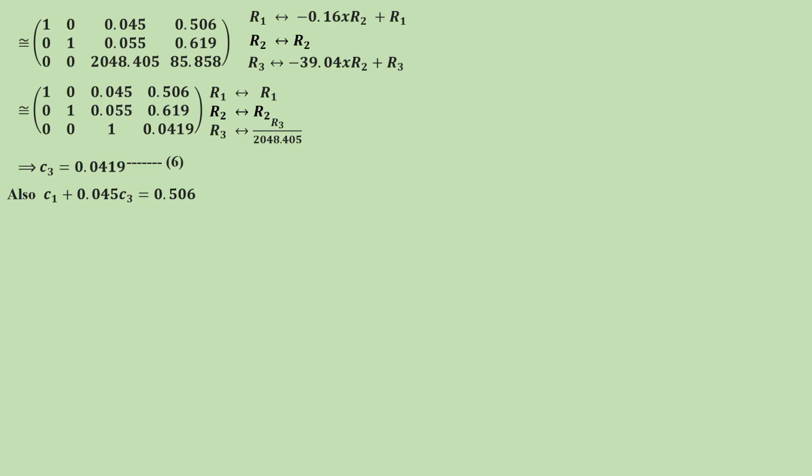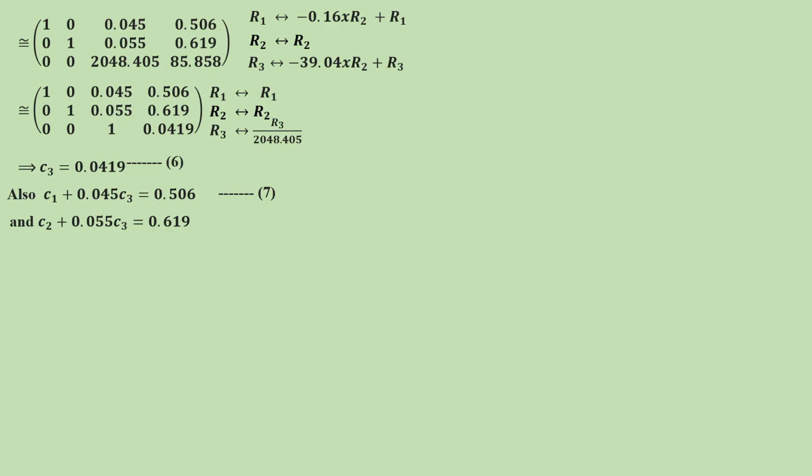You are multiplying, then you will get C3, the last one. C3 equal to 0.0419. Then from the first row, C1 plus 0.045 C3 is equal to 0.506. That is equation number 7.